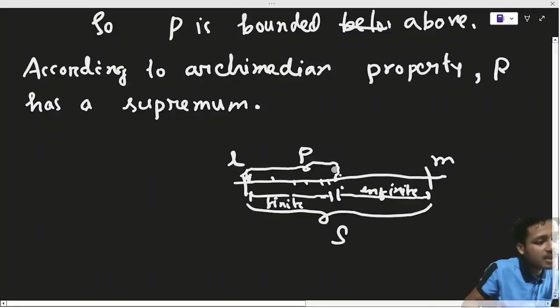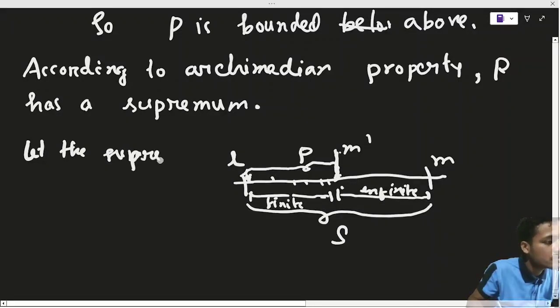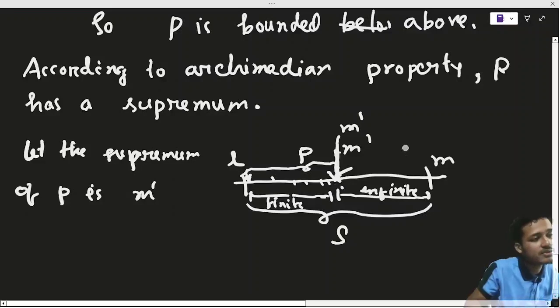That means मान लो ये है supremum, P का supremum, वो m dash. So P has a supremum, and let the supremum of P be small m dash. So small m dash कहाँ पे लिया? ये है small m dash, यहाँ पे, राइट.